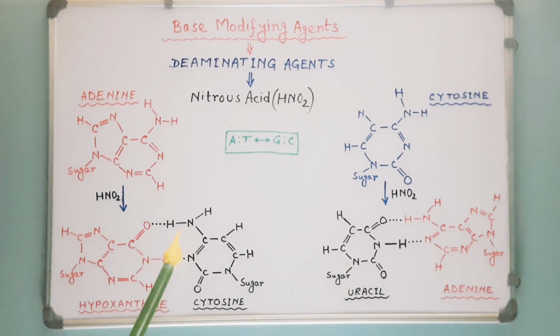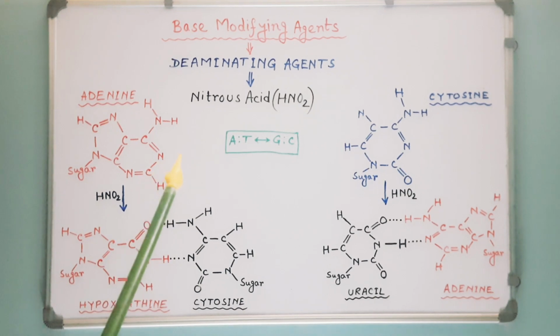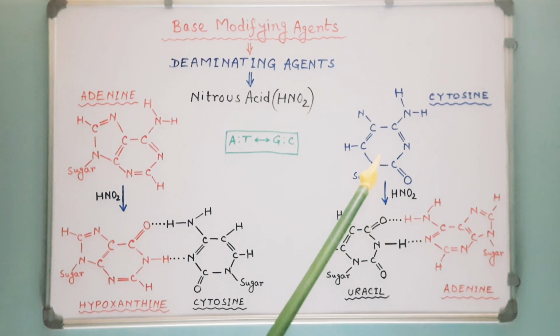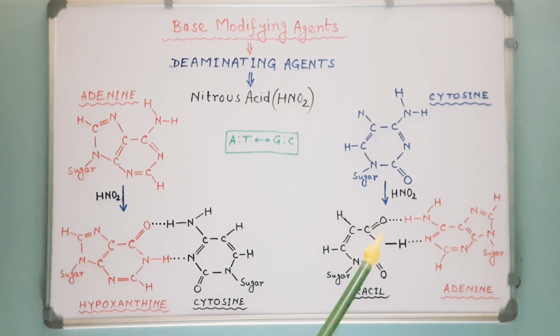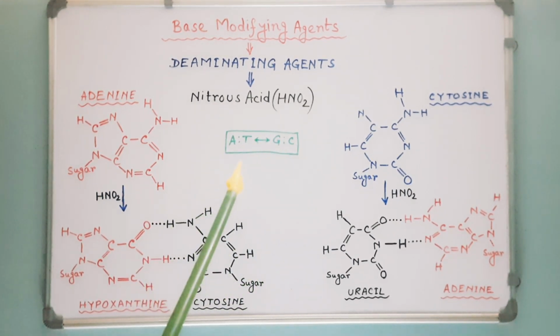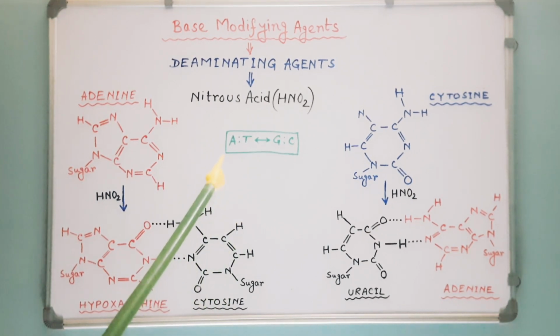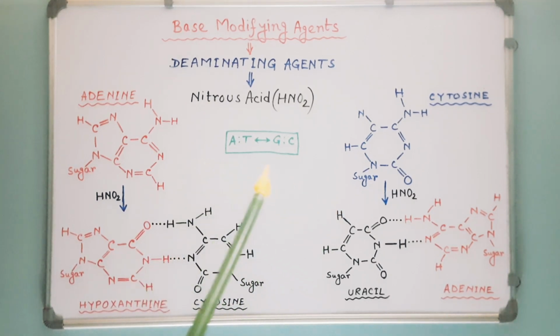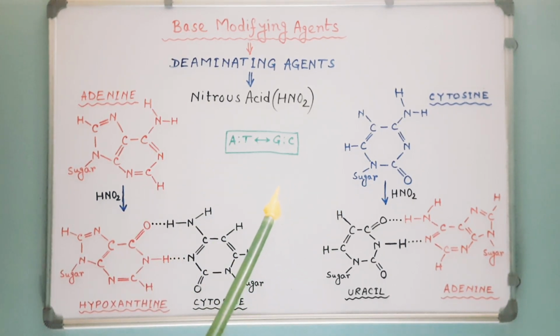From these examples, you see the deamination of adenine results in AT to GC transitions, and the deamination of cytosine produces GC to AT transitions. Thus, nitrous acid induces transitions in both directions. As a result, nitrous acid induced mutations also can be induced to mutate back to wild type by nitrous acid.